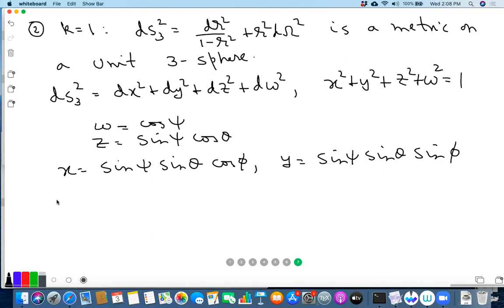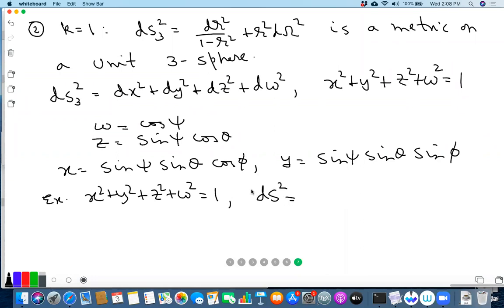First, a simple exercise is to check that x square plus y square plus z square plus w square is automatically 1. So this basically means that theta, phi, and psi are the independent parameters that label this space.